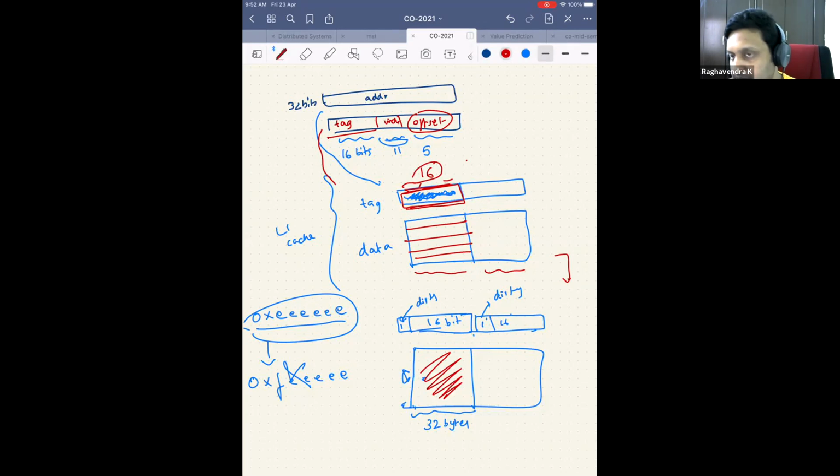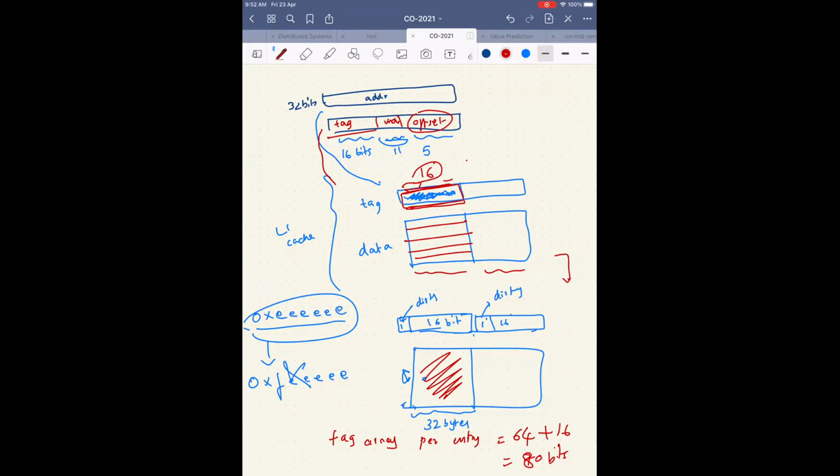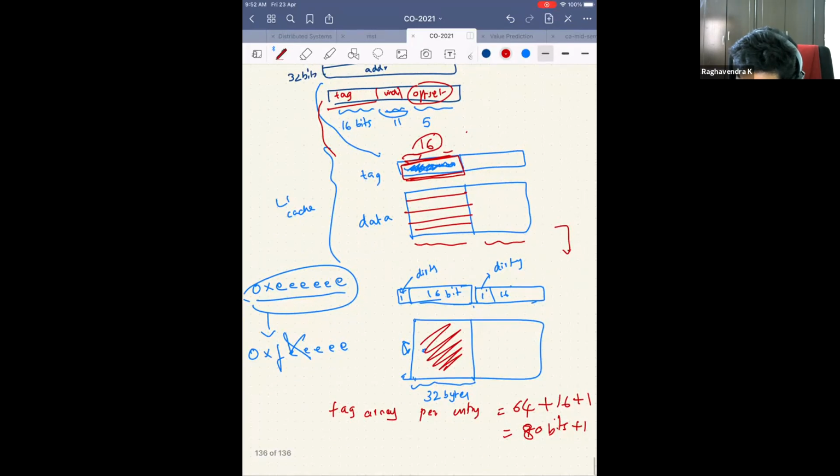Now, can I say that the tag array per entry has 64 bits plus 16 bits? So can I say that it has 80 bits per entry? One dirty bit. Okay, this guy doesn't want to leave the dirty bit. Okay, so it's 81 bits. Can I say it has 81 bits?